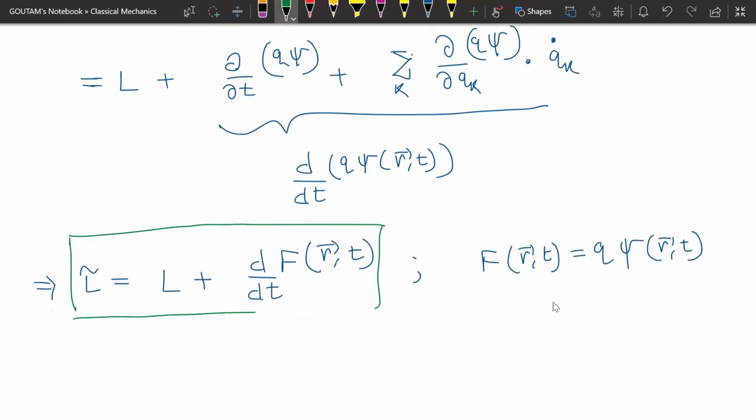So with the gauge transformation, the Lagrangian is not invariant. It is changing. But what about the Lagrange's equation of motion? Because that's the equation that captures the motion of the particle, right?